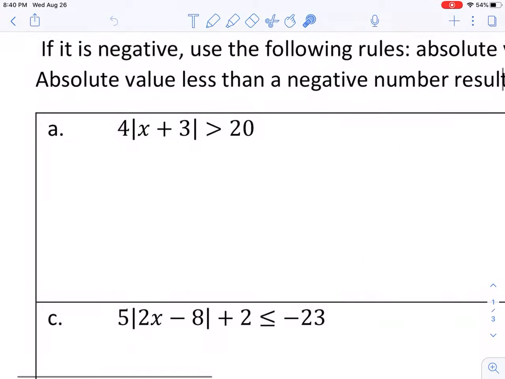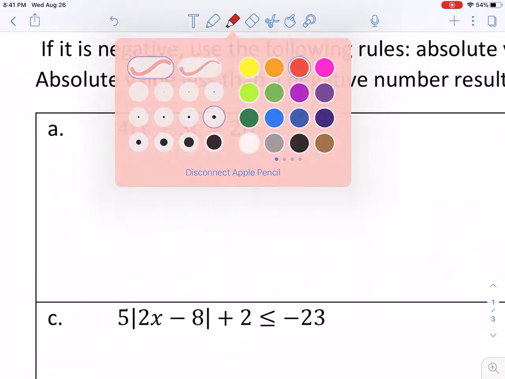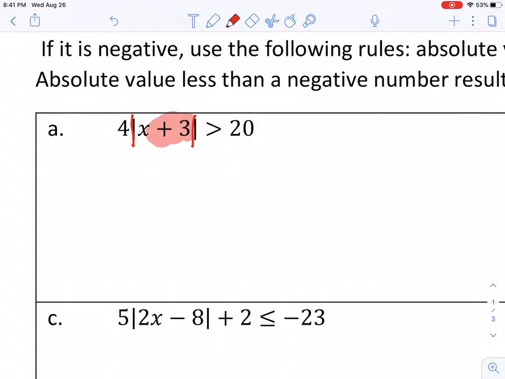So let's talk about isolating an absolute value. When we look at this kind of inequality, you'll notice that we have what are called bars. They're our absolute value bars. And within our absolute value bars, we usually have some kind of variable or an expression, a couple of terms, something going on inside the absolute value bars.